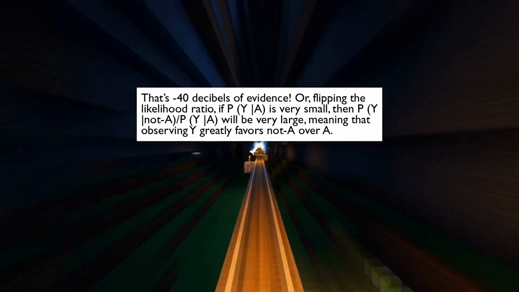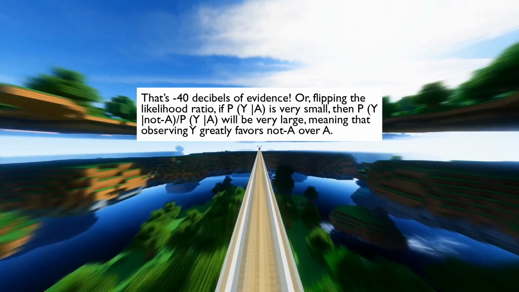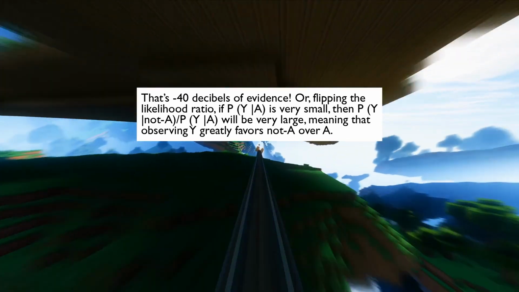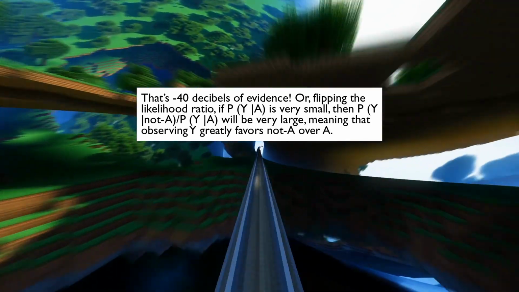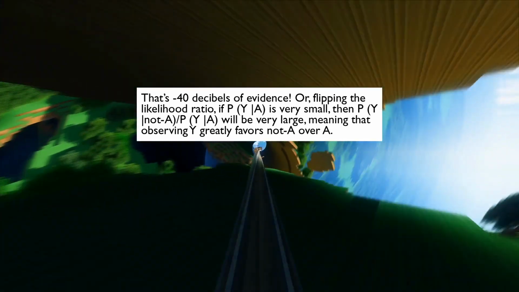That's minus 40 decibels of evidence. Or, flipping the likelihood ratio, if P(Y|A) is very small, then P(Y|not A) over P(Y|A) will be very large, meaning that observing Y greatly favors not A over A.